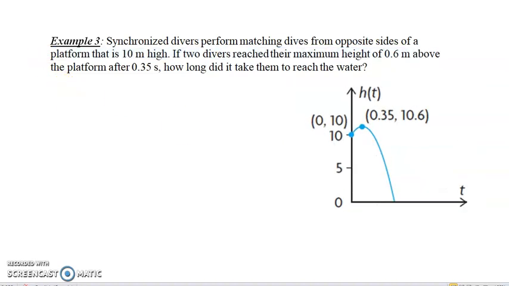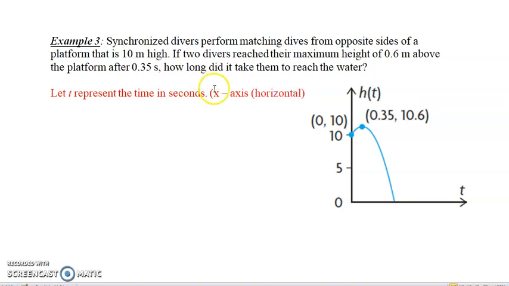Remember, we always define our variables when we can. So we let t, remember t is time. That goes along the x-axis, or the horizontal axis, it's independent. So we're going to let t represent the time in seconds. For us, most of us know this as the x-axis, and it's horizontal, as a reminder.